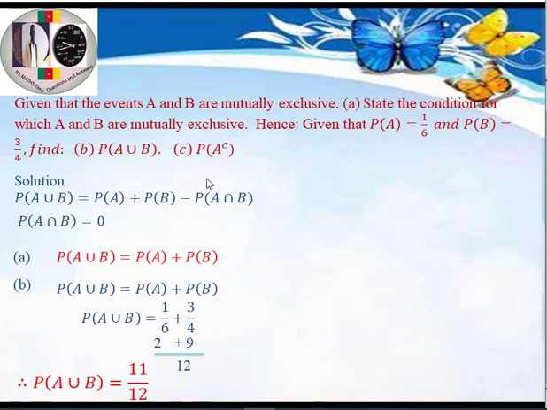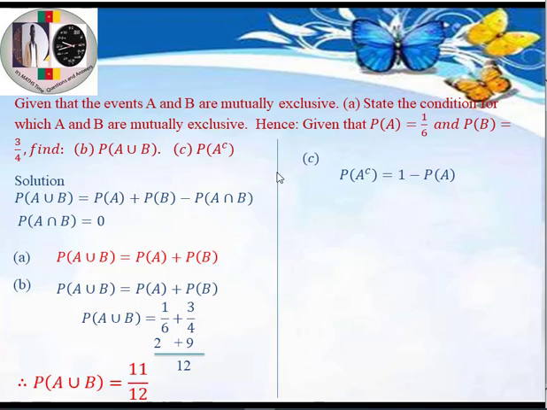With this in mind, we can solve question (c), which says we should look for the probability of A complement. Since the probability of an event lies between 0 and 1, the probability of A not occurring, which is A complement, is 1 minus the probability that A should occur.